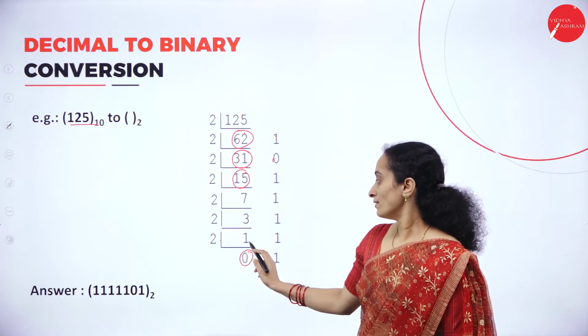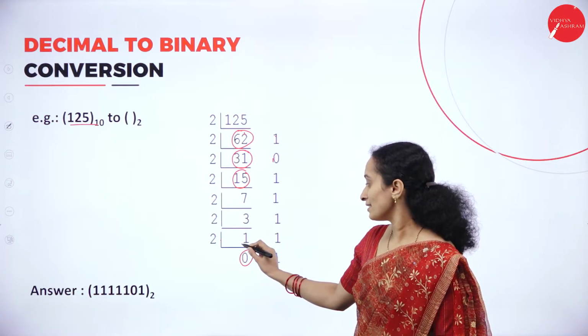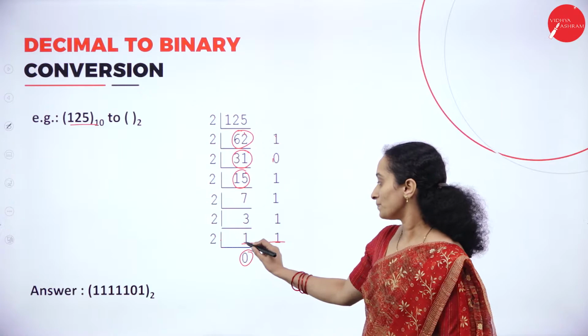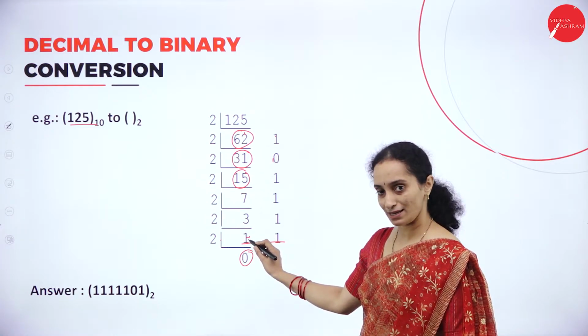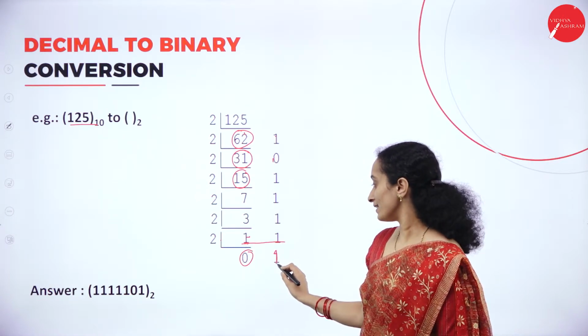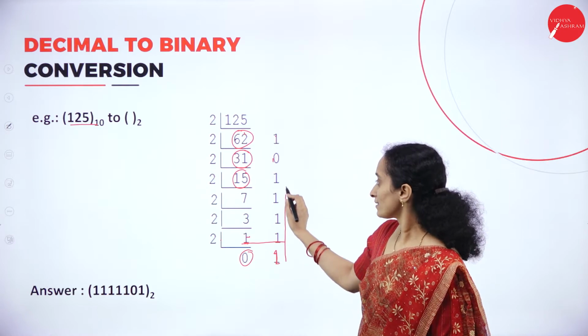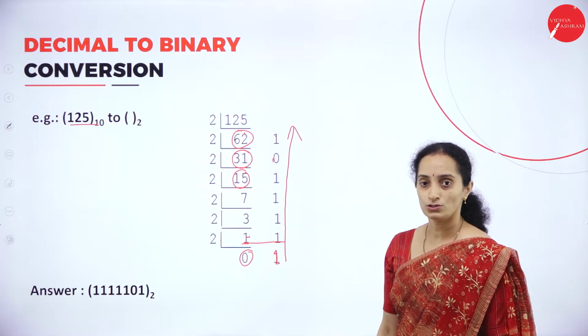Now, how do you list out the numbers? From bottom to top, starting with the remaining quotient. This is the remainder, and this one will be carried here. You can list out the numbers from bottom to top.